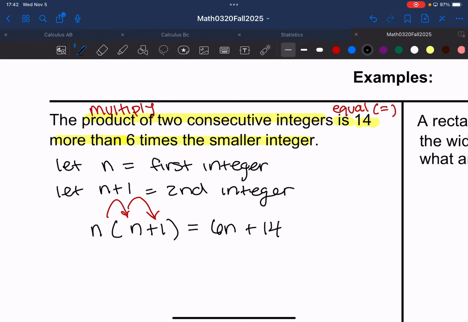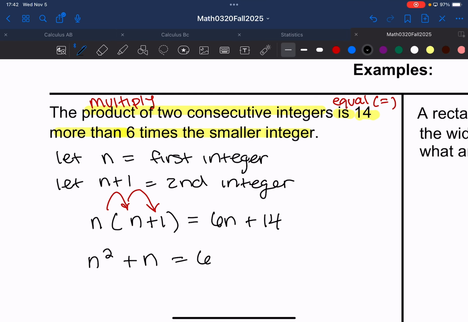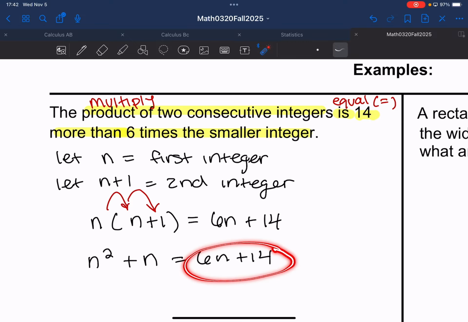Okay, so I have n times n, which is n squared, and then n times 1, which is, good, n or 1n. You wouldn't have to write the 1, but I'm not going to mark you wrong if you do write 1n.